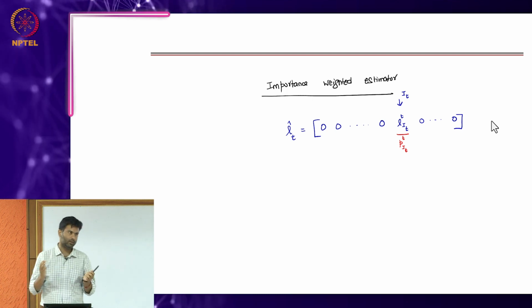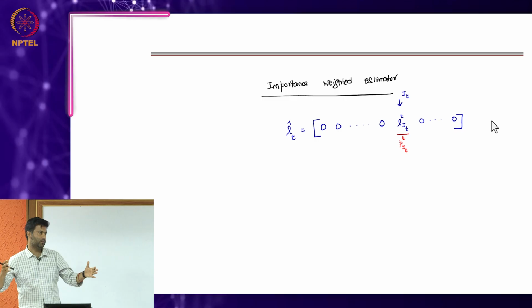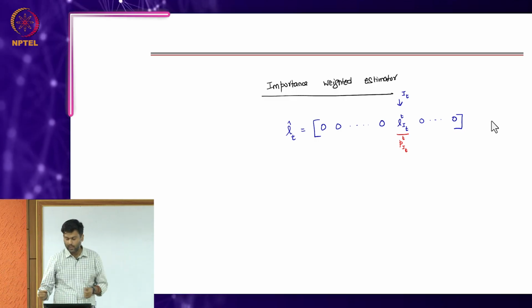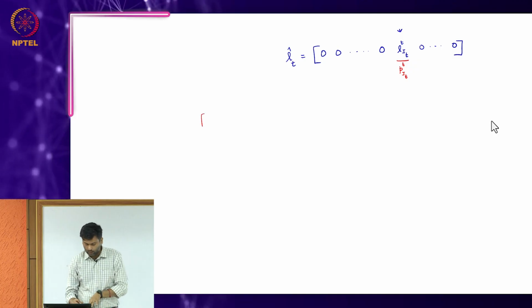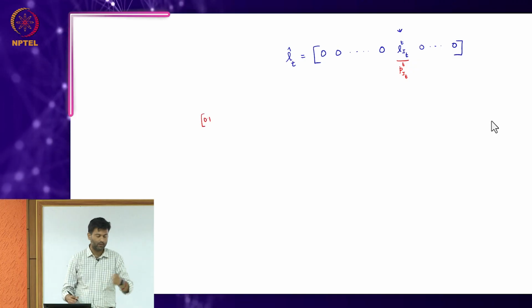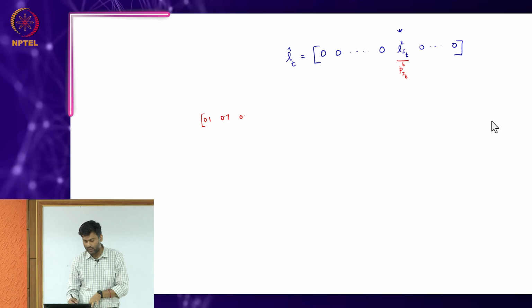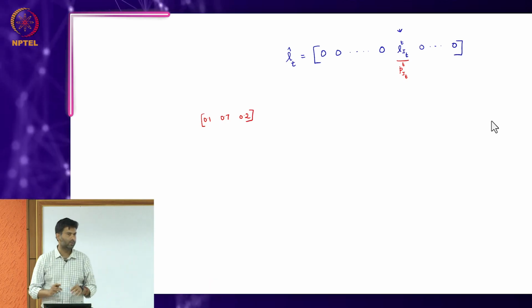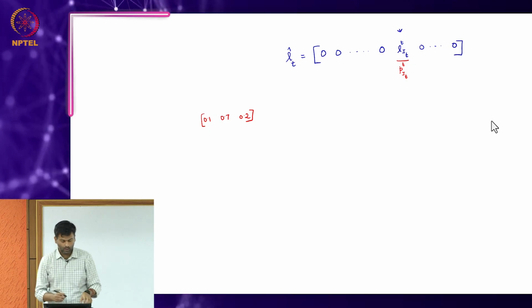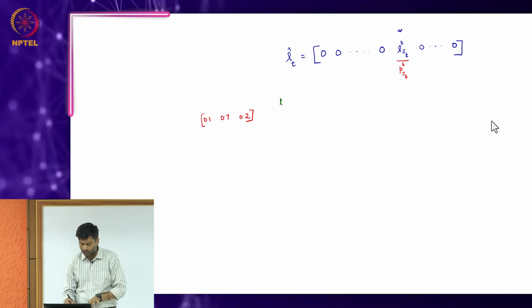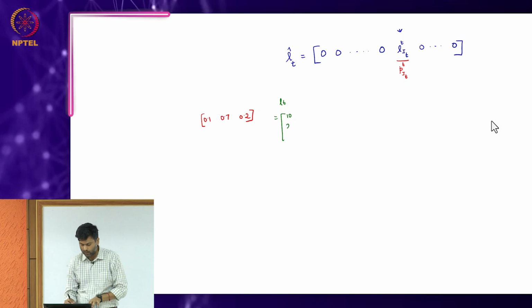Why would I even do this? What is happening here? To simplify things, let us say there are 3 arms, and I had probability 0.1 of picking the first arm, 0.7 of the second arm, and 0.2 of the third arm. This is the probability with which I picked an arm in this round. Now let us say the true loss vector was 10, 20, 30.